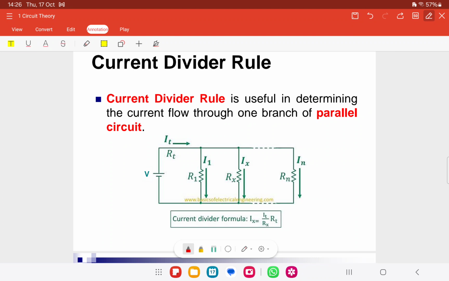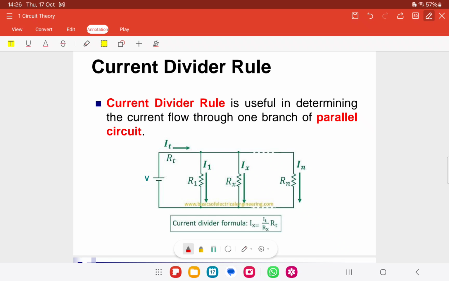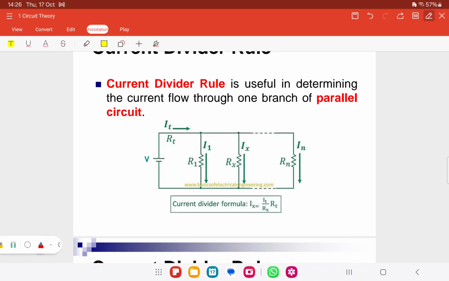Okay, so now we will go for the current divider rule. The current divider rule is another principle used to calculate the distribution of current in a parallel circuit, while the voltage divider is for series. Okay, this is the formula for the current divider rule.